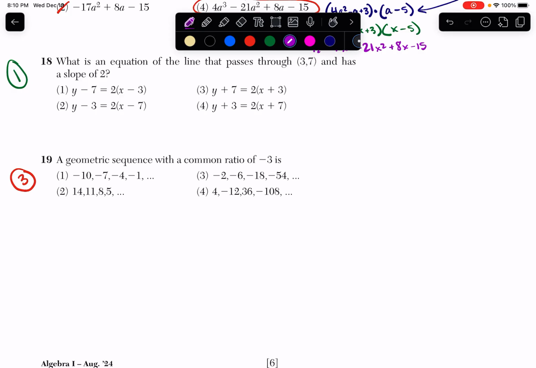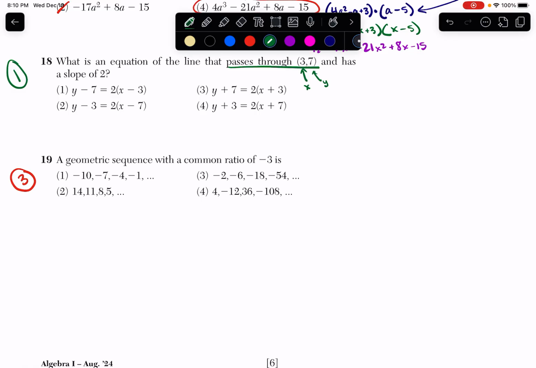What is an equation of a line that passes through 3, 7 and has a slope of 2? All right, the minute I see passes through, we know that lines are just the set of all of the solutions to an equation. So if it passes through the point 3, 7, we know that when x is 3 and y is 7, the equation must be true.